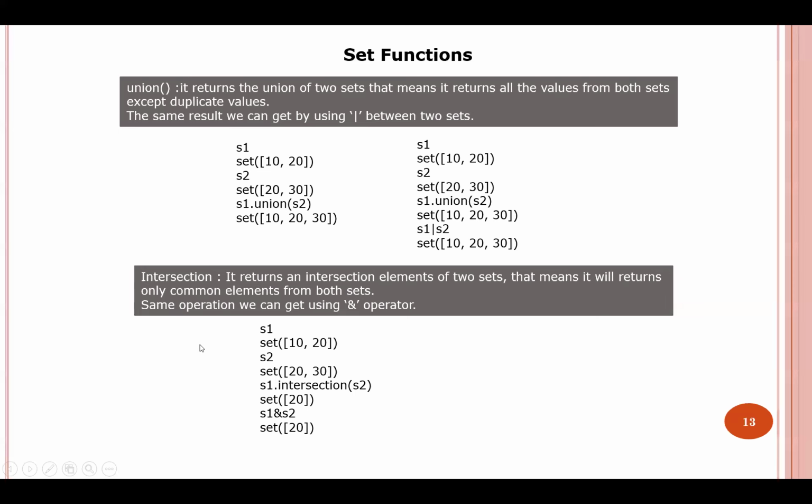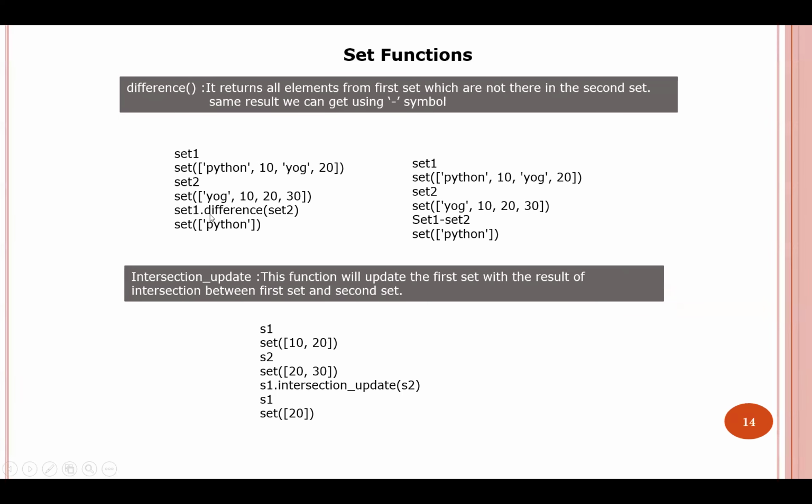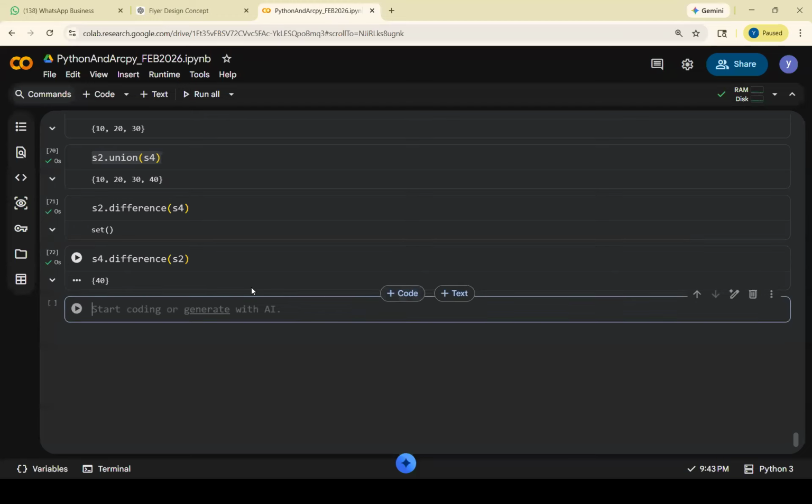Now here we have seen intersection, union, difference. Then there are three update methods: intersection update, union update, difference update. These all have the same concept. The concept is simple.